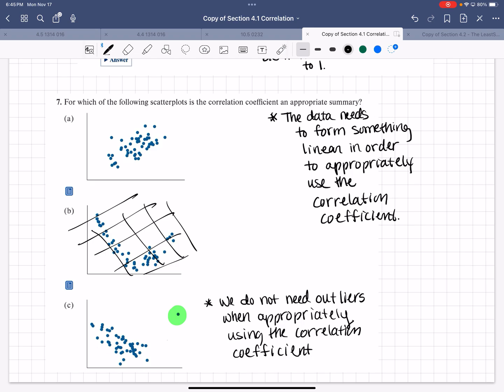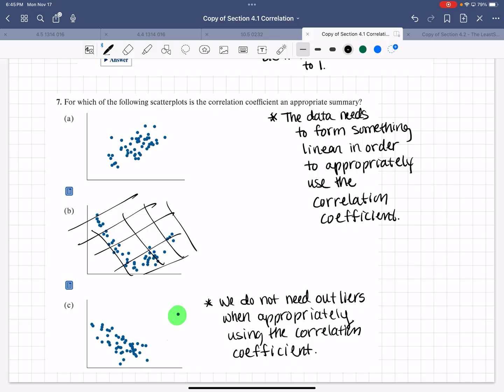Okay, so we can't use B because the scatter plot's not linear. We can only really talk about that correlation coefficient if the data is linear, which B wasn't, so B's out. We can only use the correlation coefficient if we don't have any strange outliers flying around.